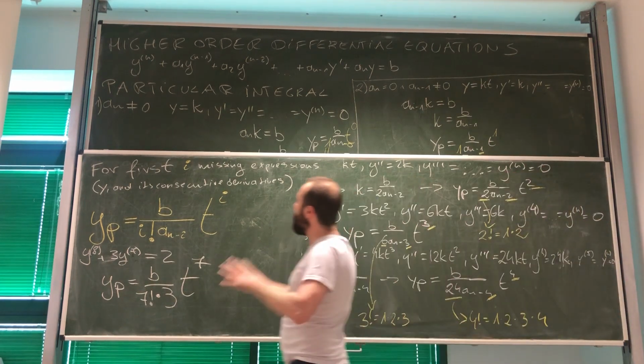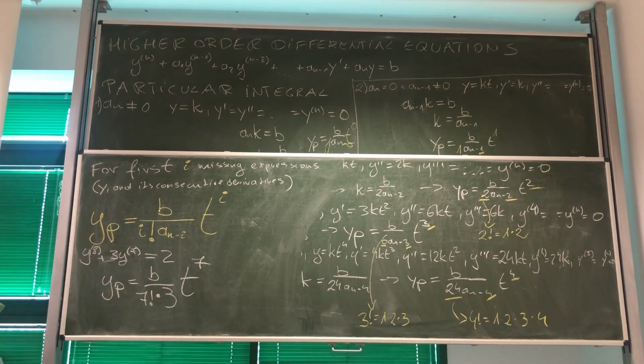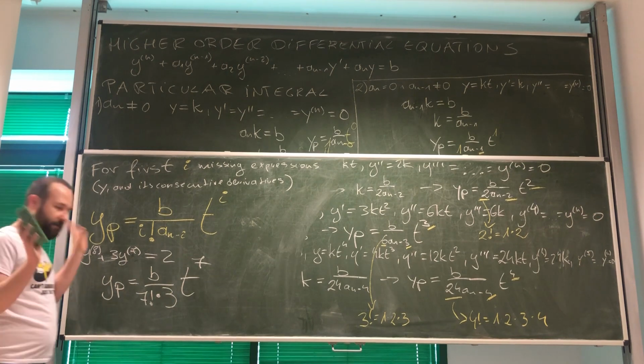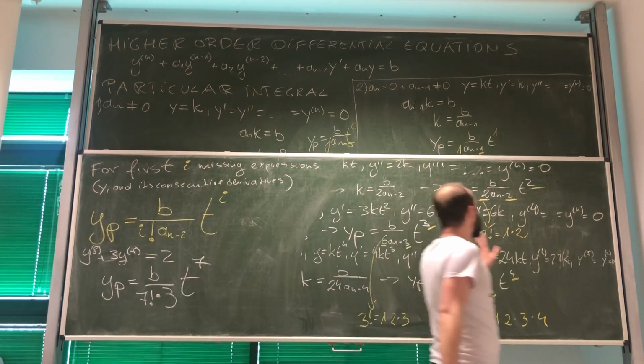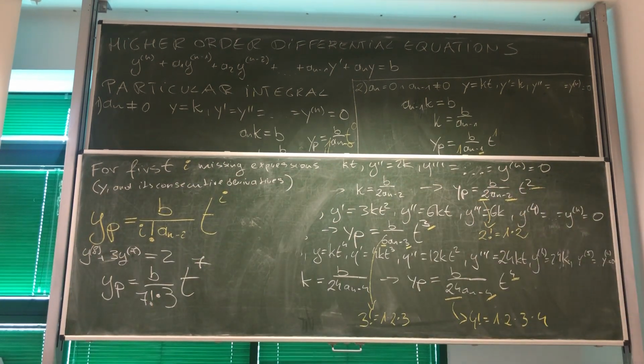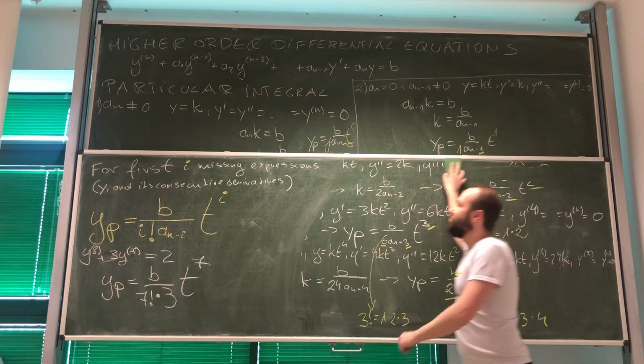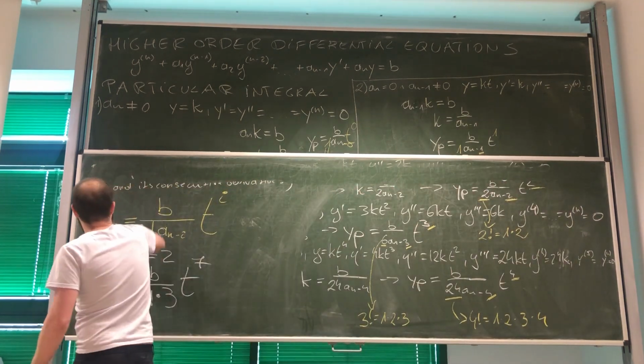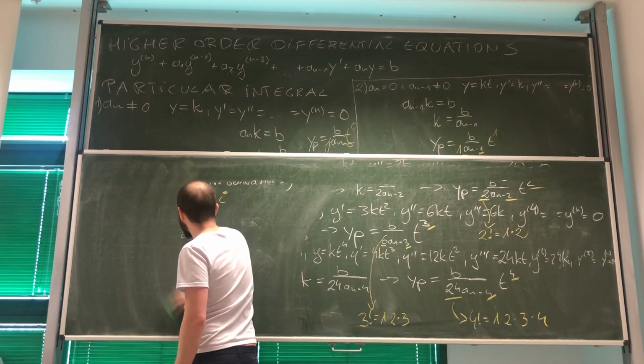Okay, so now we know everything about finding a particular integral for higher order differential equations with constant coefficients and constant term. So now let's move to the complementary function.